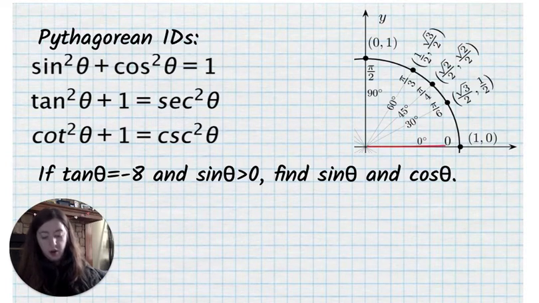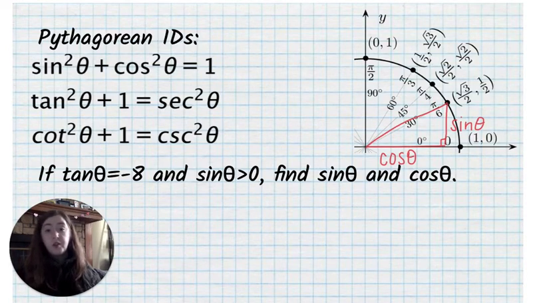If we count over, that's my x values, so that's cosine. When we count up, that's my y values, so that's sine. And then remember, it's called the unit circle because the radius is 1 unit.